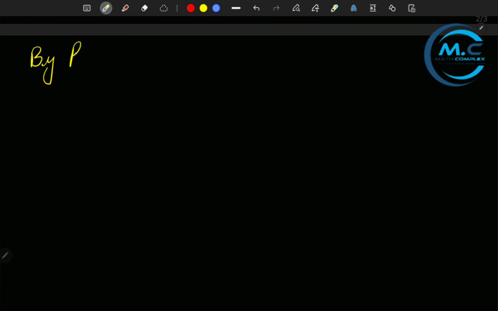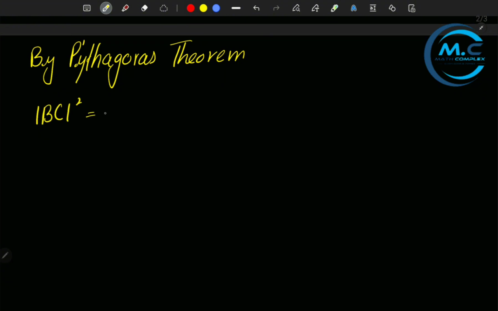By Pythagoras theorem, the square of the hypotenuse will be equal to the sum of squares of the other two sides, AB plus AC.